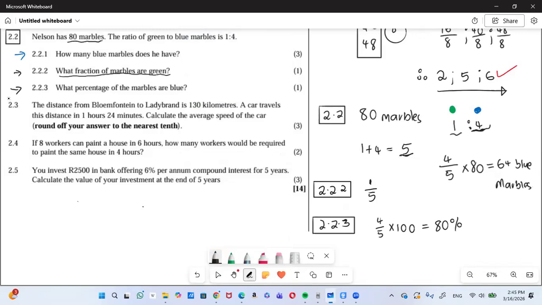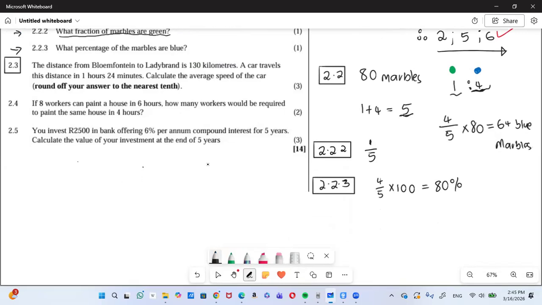Now, on to question 2.3. They're saying the distance from Bloemfontein to Ladybrand is 130 kilometers. So let's write it down: distance equals 130 kilometers. A car travels the distance in 1 hour, 24 minutes, so that is our time.